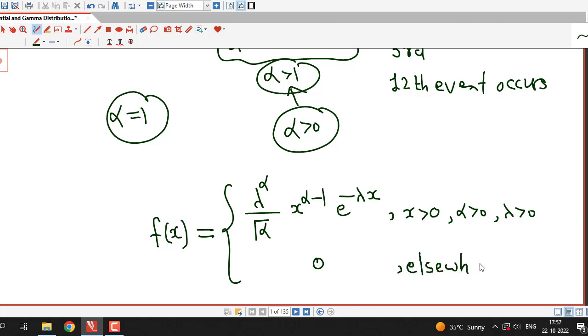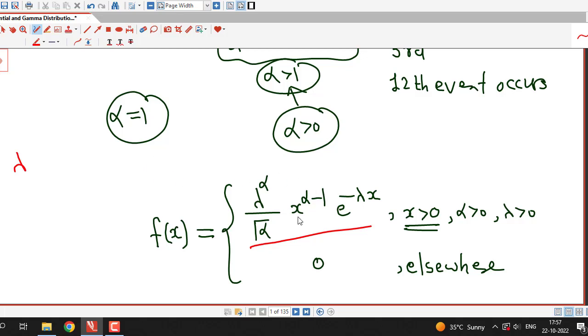So if it is other than a positive real number, the value of f(x) is 0. Here alpha is the number of events for which we are waiting to occur, and if we take alpha equal to 1 in this formula, we will have lambda raised to 1, that is lambda divided by gamma 1.